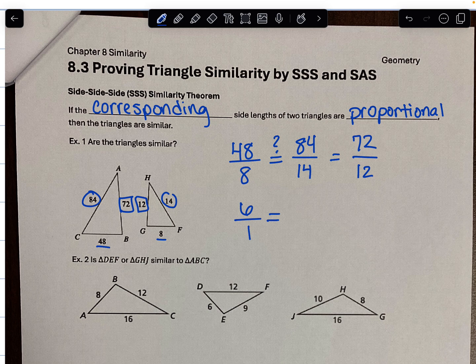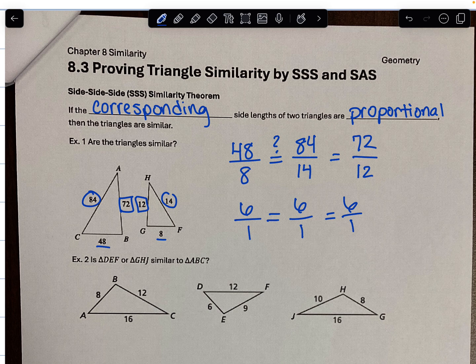Anybody know what 84 and 14 are both divisible by? 14. Yes, they're both divisible by 14, which gives you 6 over 1. Do you guys know how to type that in your calculator and get your answer? Use the fraction button. It'll simplify it. Same thing, 72 and 12 are both divisible by 12, which gives you 6 over 1.